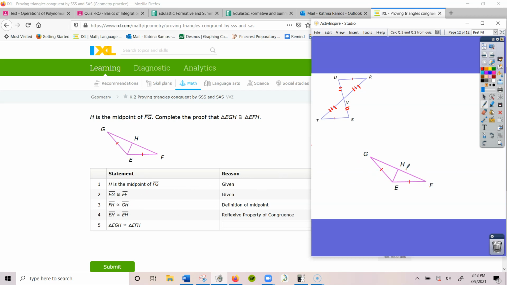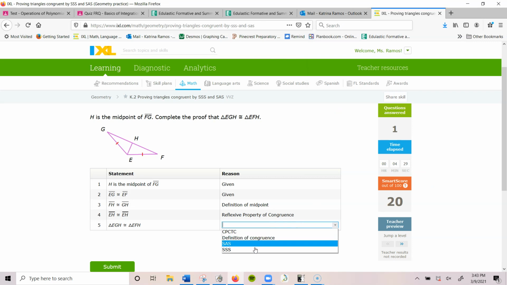FH is congruent to GH, and that's because it's the definition of a midpoint. And then we have that EH is congruent to EH because of the reflexive property, because they share that side. Again, we have 3 sides that are congruent to each other, therefore this is also SSS.